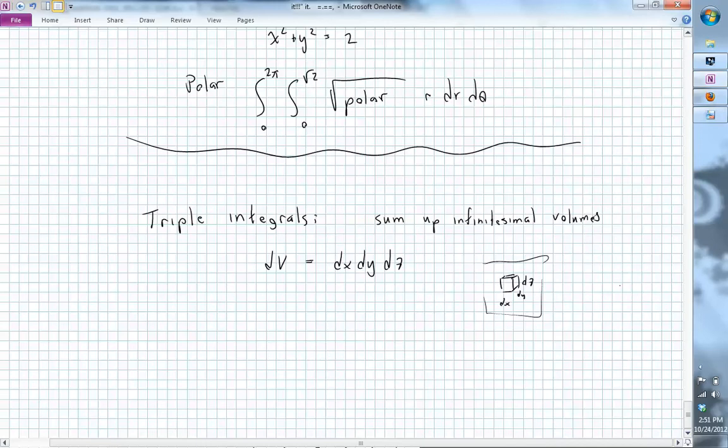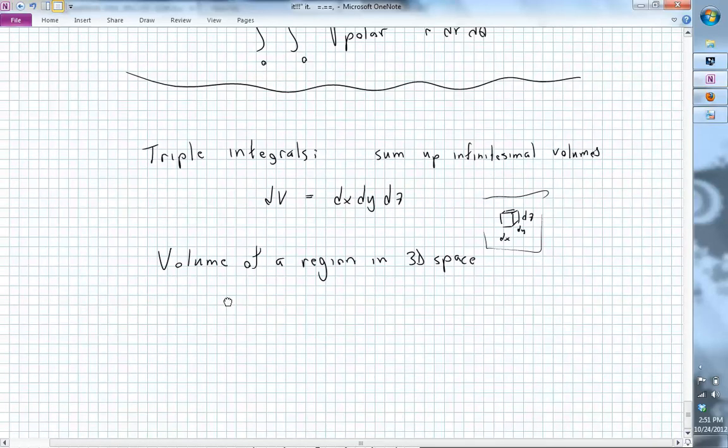Okay, so once you accept that we can sum up little pieces of volume using this notation, then you can get the volume of a region in 3D space. The volume of some region E is the triple integral over E of 1 dV.